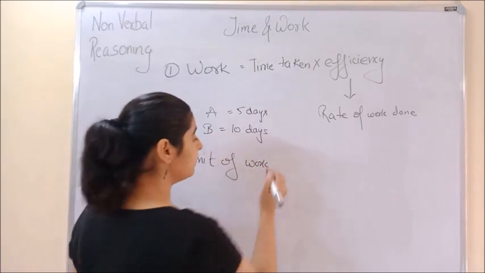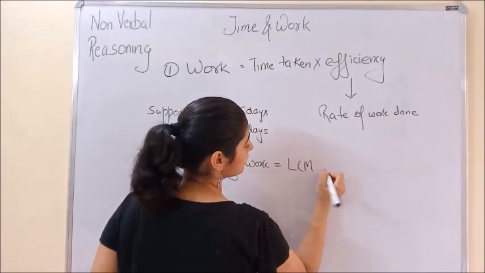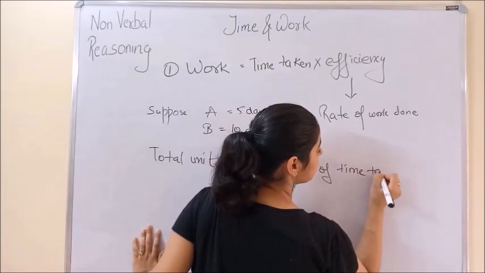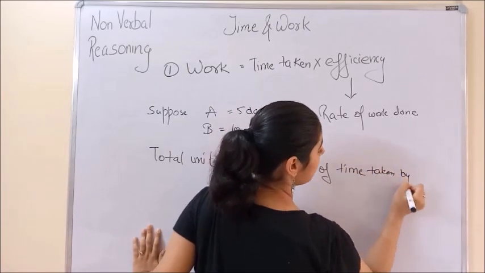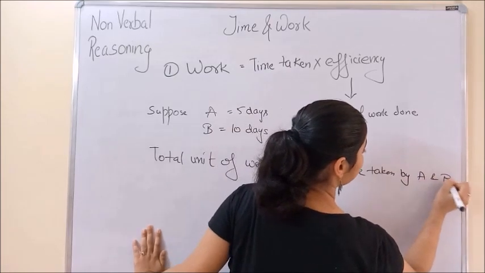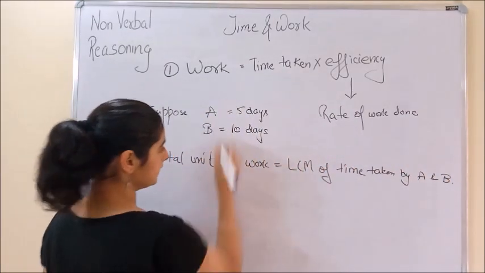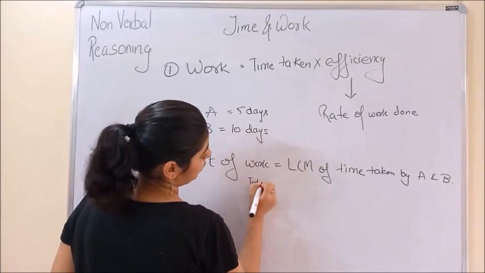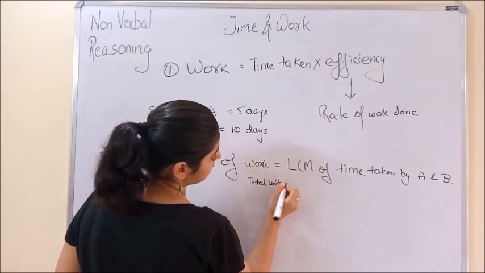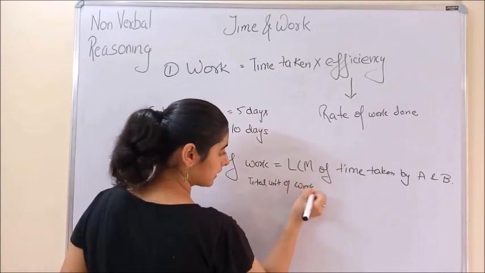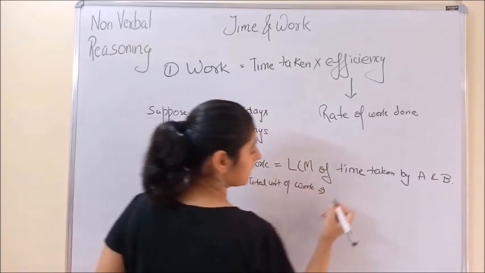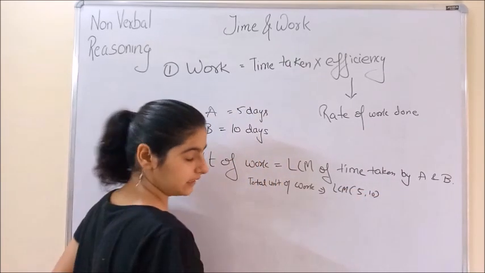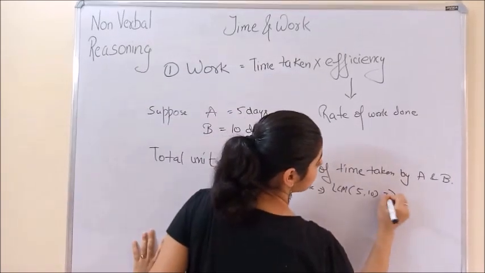Now this is equal to the LCM of time taken by A and B. Here in this question, total unit of work is LCM of 5 and 10, which is 10.